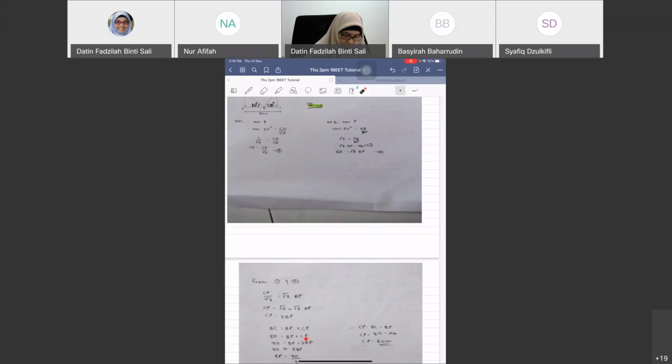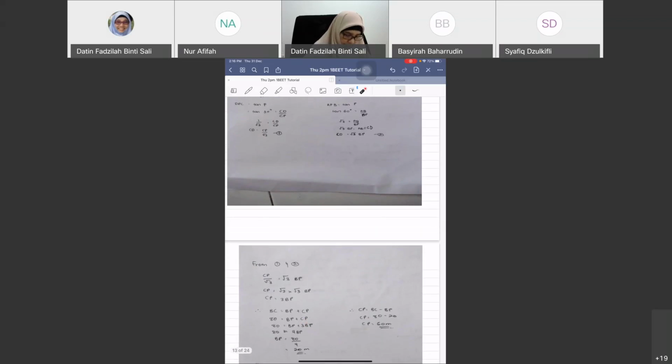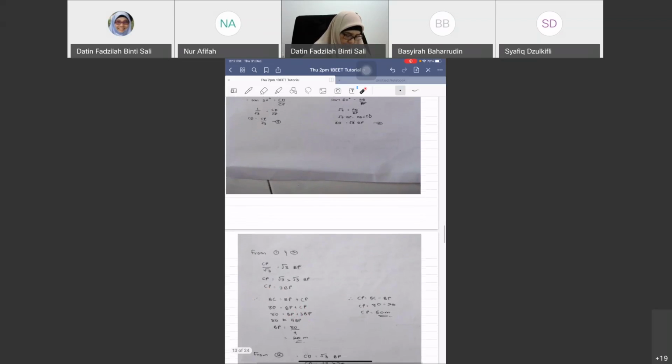Then you would see that your friend just solved in terms of BP, changing this CP in terms of this equation up here, that CP equals 3 BP. So change the CP to 3 BP. That means you have 4 BP. So you can compute BP.